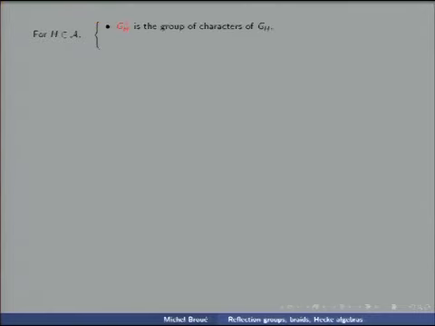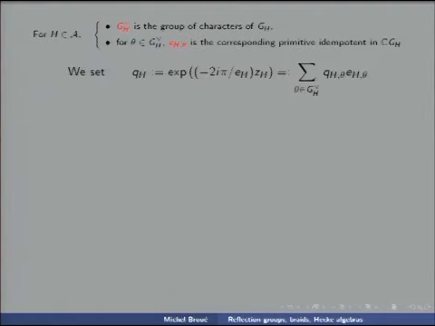Let me denote by G_H check the group of characters of G_H. And for theta a character, let me denote by e_H theta the corresponding primitive idempotent. You know, it's a cyclic group. So as a basis, it has indeed the set of elements of the group, but it also has as a basis the set of primitive idempotents associated to its characters. So I'm going to use this. All right.